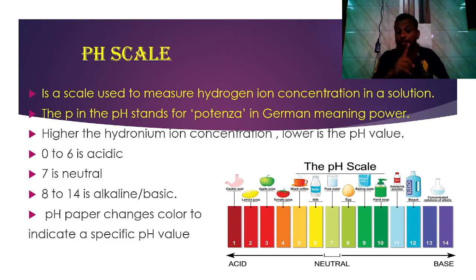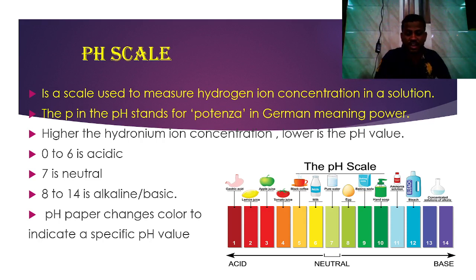Second point, the P in the pH stands for potentia. In German, potentia means power. Here we see the power of hydrogen ions in the solution.